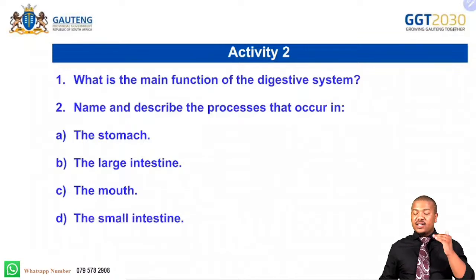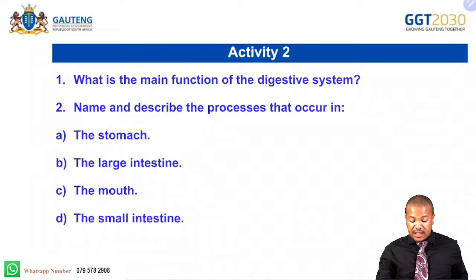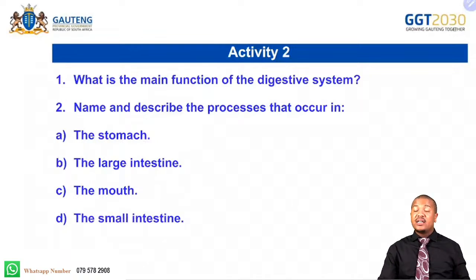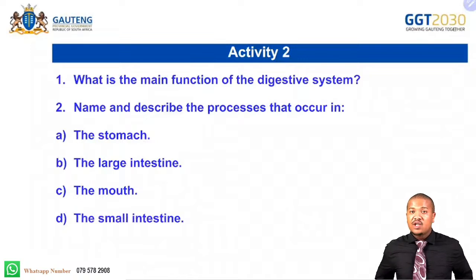Number 2: name and describe the processes that occur in A, the stomach, B, the large intestine, C, the mouth, and D, the small intestine. I'm going to give you a quick 5 minutes to write down your answers. Then after that, we shall resume with our lesson.